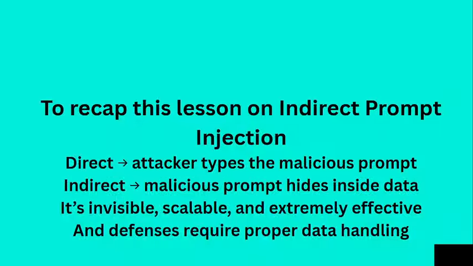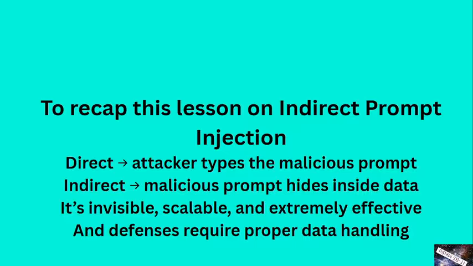So, to recap this lesson on indirect prompt injection, we said that direct means the attacker types the malicious prompts and supplies them to the AI at the user interface level.